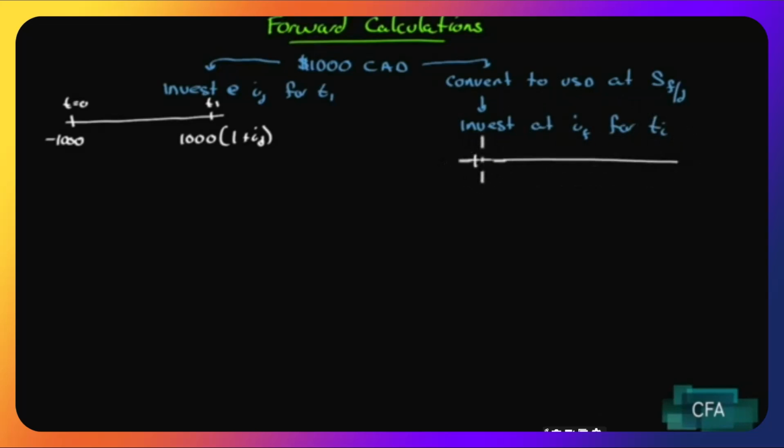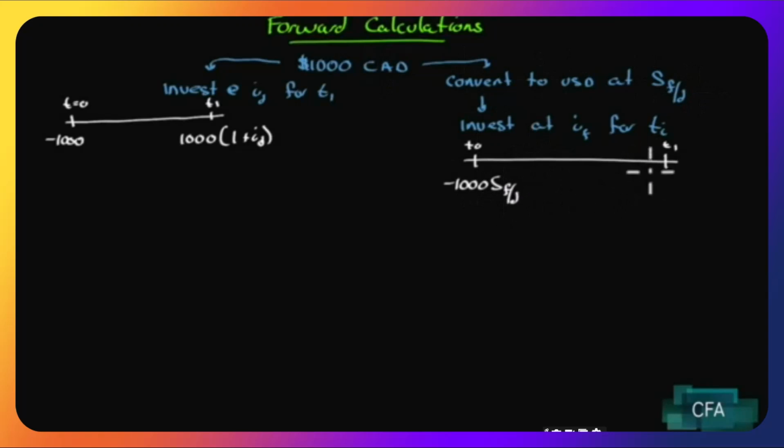And let's see what that looks like. T0, T1. So here we're going to invest 1,000 times S_D. That's our American dollars, right? We're taking our $1,000 Canadian, multiplying it by the spot rate. Since domestic is the base currency, whatever the spot rate equals, we multiply that by the 1,000 to get our American dollars.